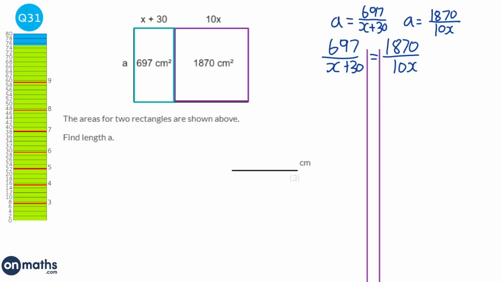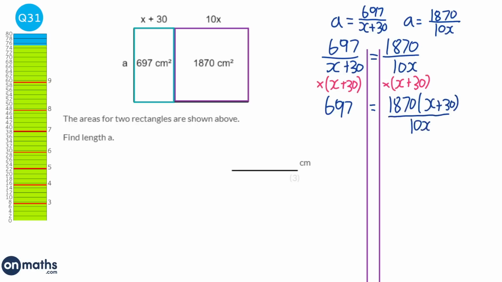And I'm going to times both sides by the x plus 30, so I can get rid of the denominator on the left hand side. And so this will just be 697 on the left hand side, and it will be 1870 times x plus 30, and then all of that over 10x.